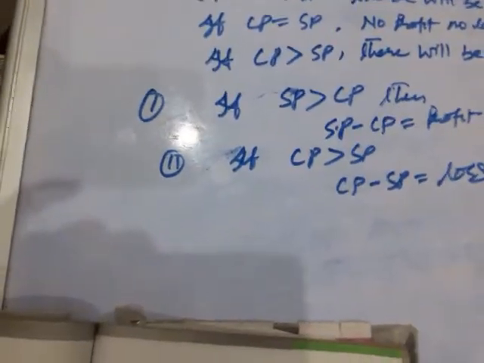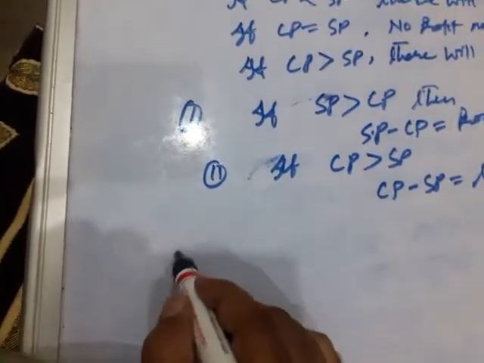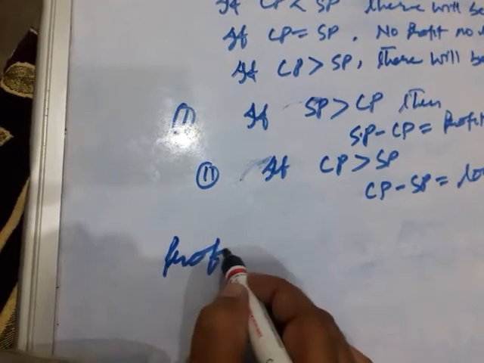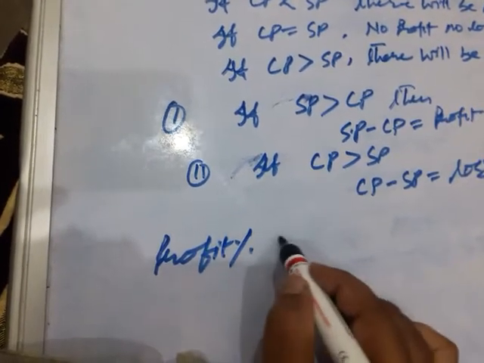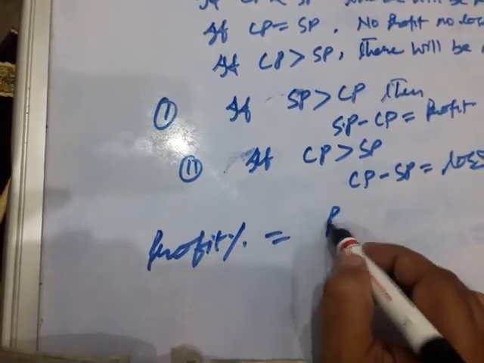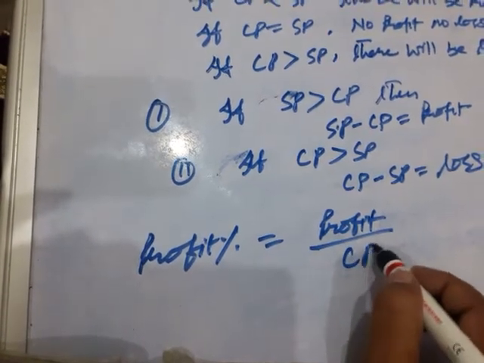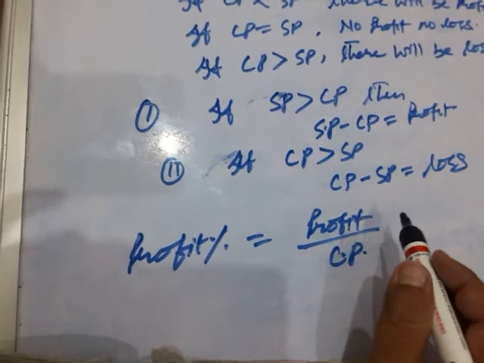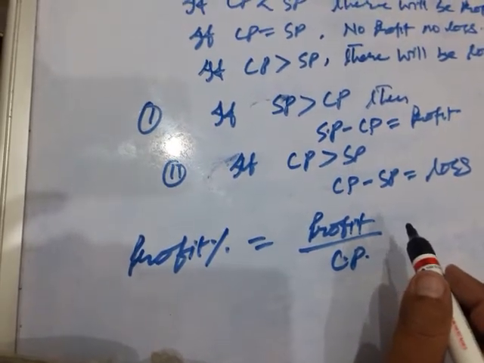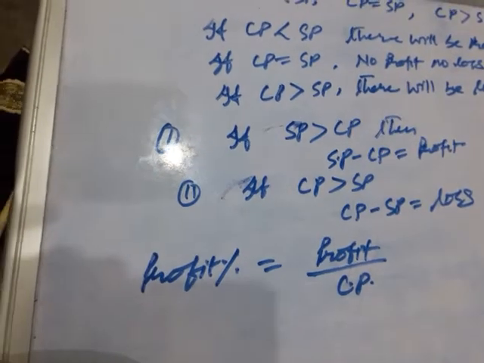And what else is there? That is now profit percent. How will you calculate profit percent? Profit percent equal to amount of profit upon CP. Profit and loss percent are always reckoned on CP, children. See, this is very important.